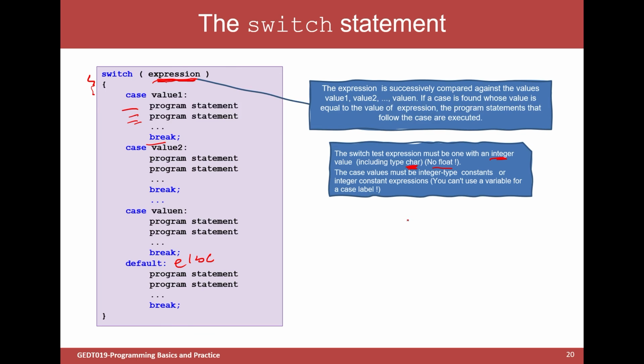You cannot use a switch with a float. If you have a float number and you want to check it, change back to if else, if else, if else, if, else if, else if.